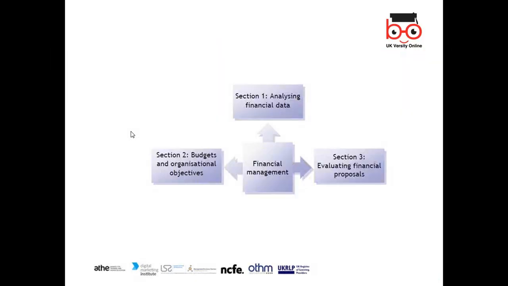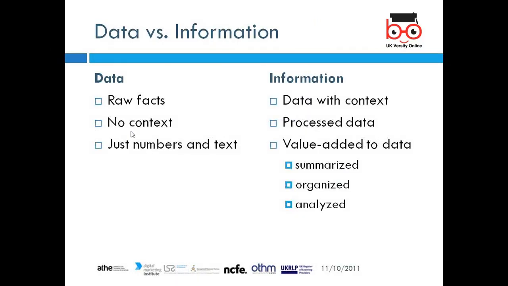So next we are moving to our next area of discussion. What is the difference between data and information? Data is a raw fact, no context, just numbers are called data. Information is data with context, processed data, value added to the data, summarized, organized, and analyzed.